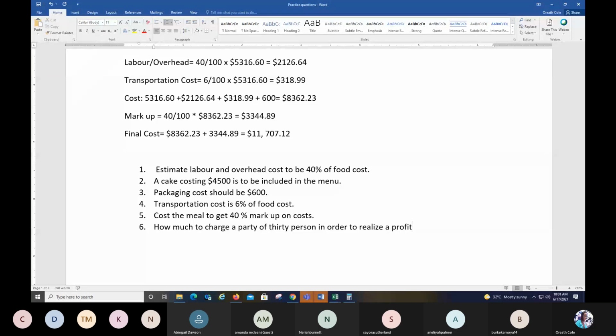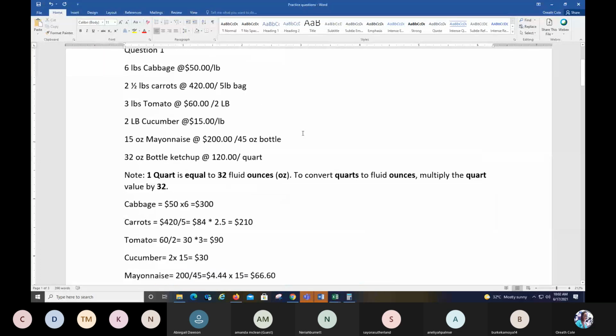So we know what the cost is, right? So this will be the cost for, okay, let's say.